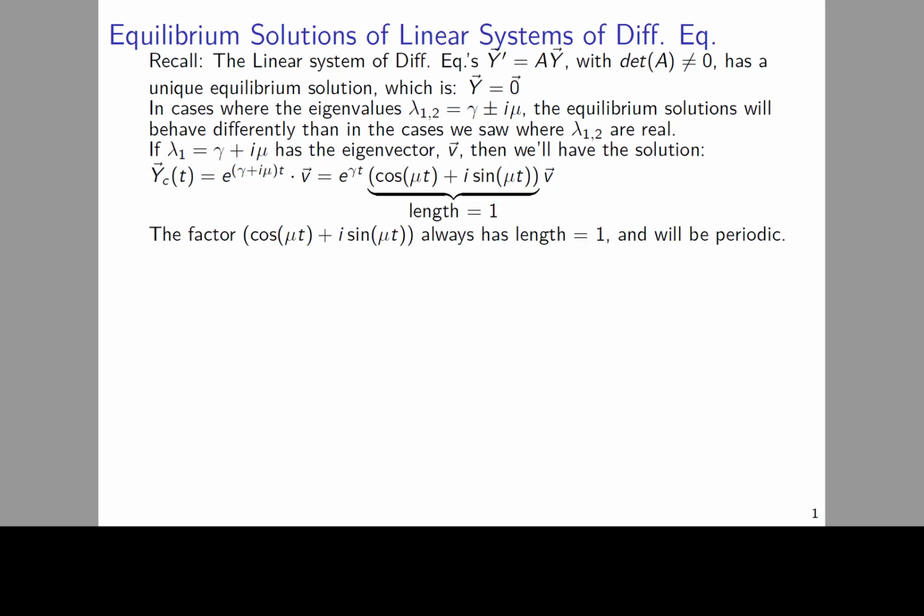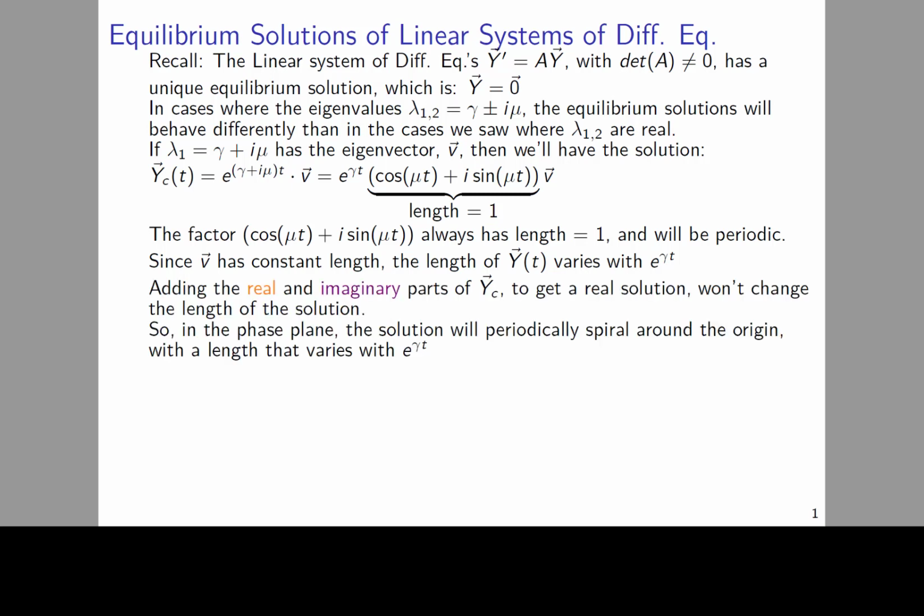Now, the factor cos μt + i sin μt will always have length equal to 1, and it'll be periodic. And since v has constant length, the length of our solution y varies with e^(γt).